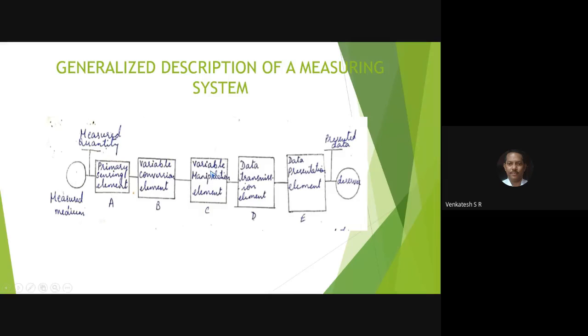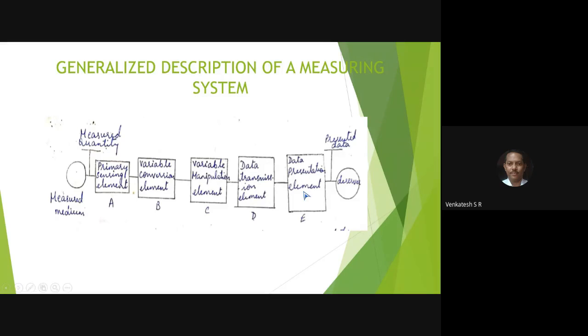Here in the transmission element, the fourth stage, whichever signal is received from the variable manipulation element, that analogous signal is converted into a voltage signal, and that voltage signal is converted into a digital signal or digital form, which is fed to the data presentation element.